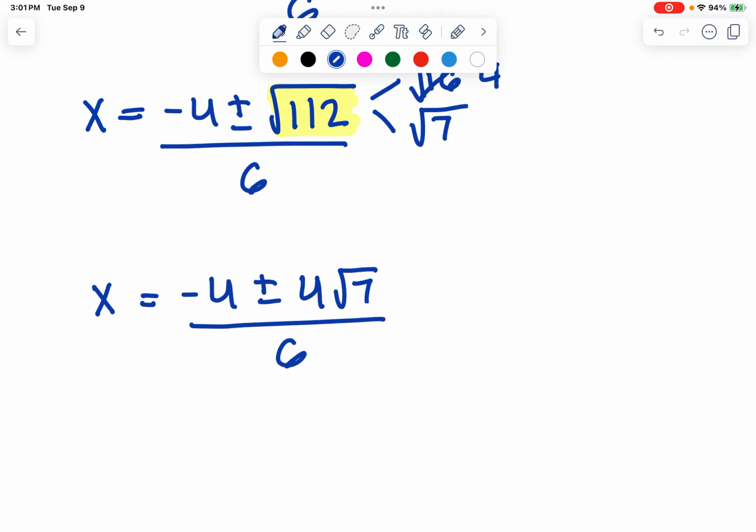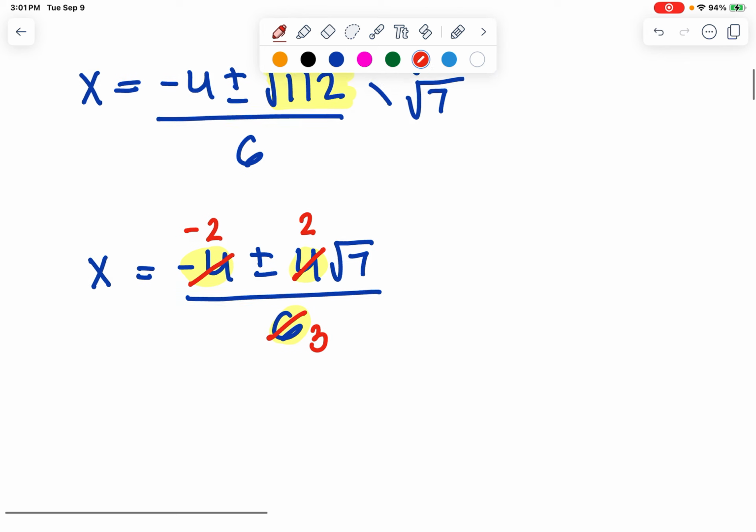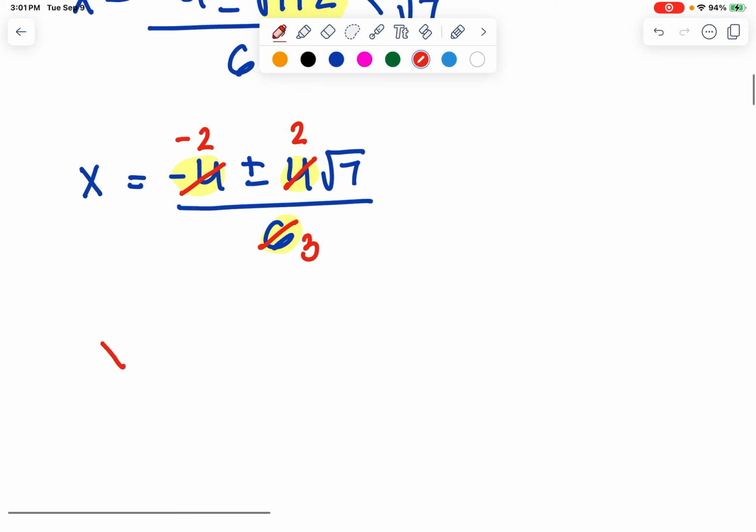Okay? Now I'm going to clean this up just a slight bit more. If you look at this number, and this number, if those 3 numbers are divisible by the same thing, then you can still simplify this, okay? So -4, 4, and 6 are all divisible by 2. 2 goes in here -2 times, 2 goes in here twice, 2 goes in here 3 times. So you can write your answer one of 2 ways.